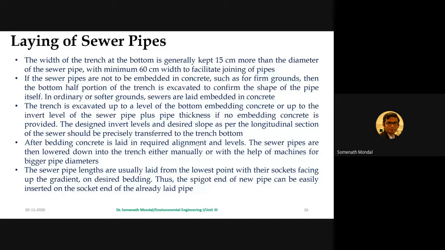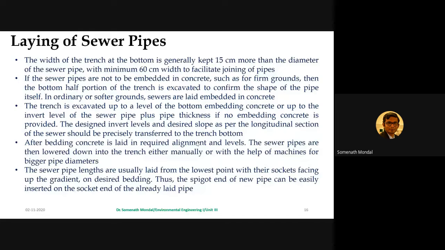As I mentioned in the previous points also, you first put the concrete, and immediately you keep the sewer pipes in the trench, and you do this process either manually with the help of human power, or by use of machines if you have a bigger diameter pipe. Once you keep that pipe, immediately an impression is created in the concrete itself, and that can ensure the uniform support which I was mentioning before.